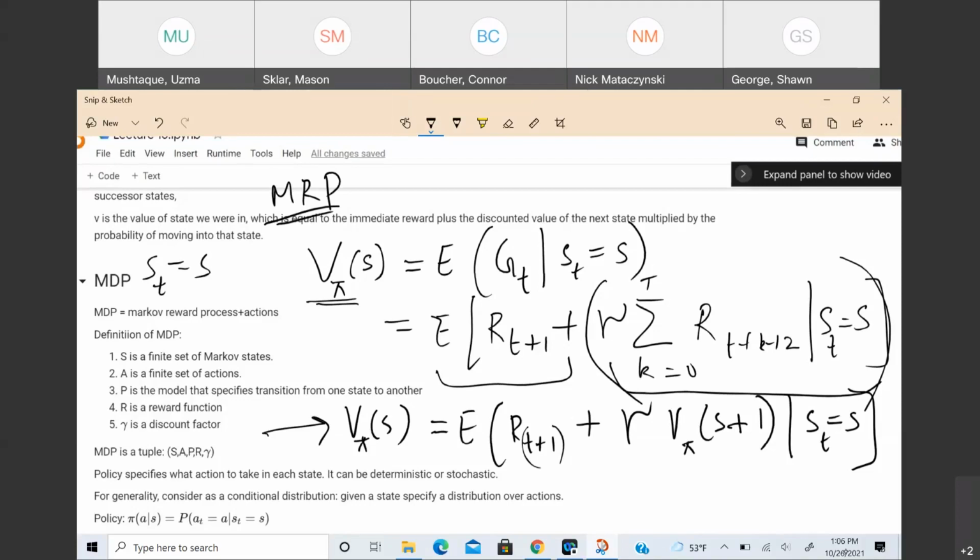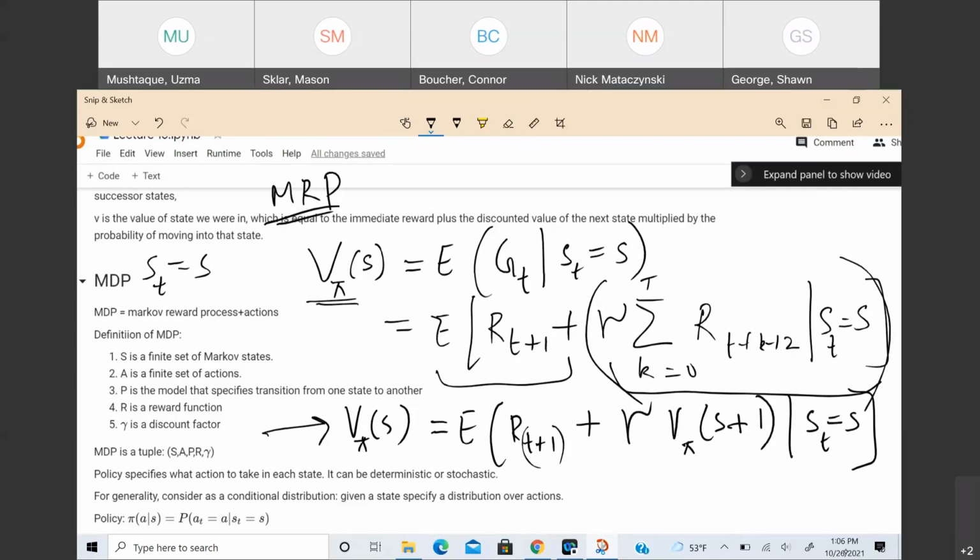Okay, so once we have this entire thing, we talked about something known as the transition probability earlier, right? It was the probability of moving from one state to another. Because we are moving from one state to another, if we get the expectation of this value here, the value in step t plus 1, we would need that probability to come in, right?